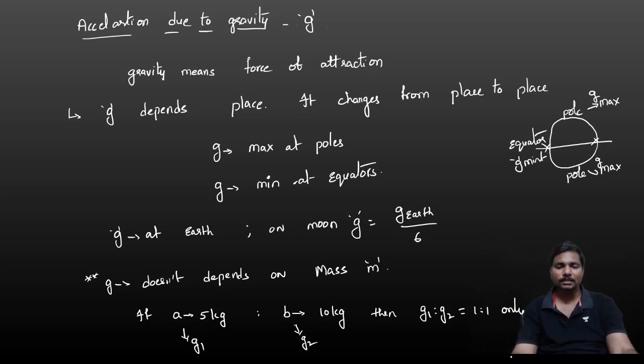Why? Because it does not depend upon the mass. One body is 1 kg, another is 1000 kg, and both have the same acceleration due to gravity. But whenever the place changes, acceleration due to gravity changes. Note down this very important point: maximum at poles, minimum at equators, and does not depend upon the mass.